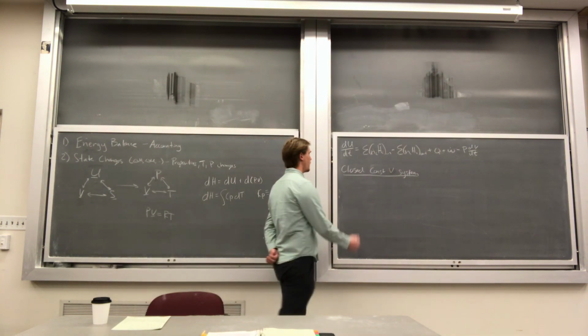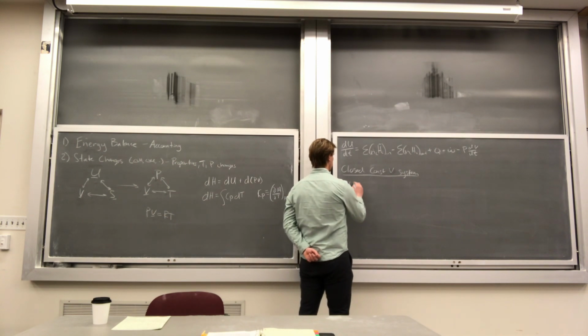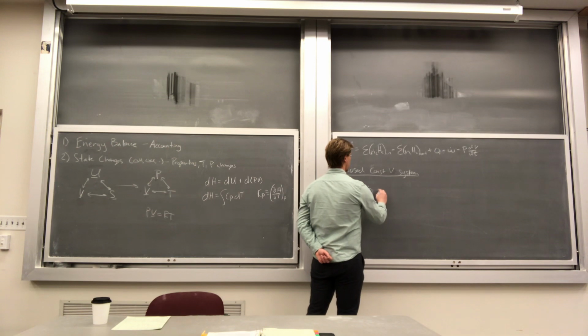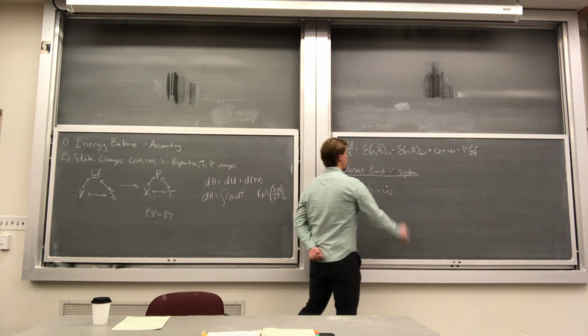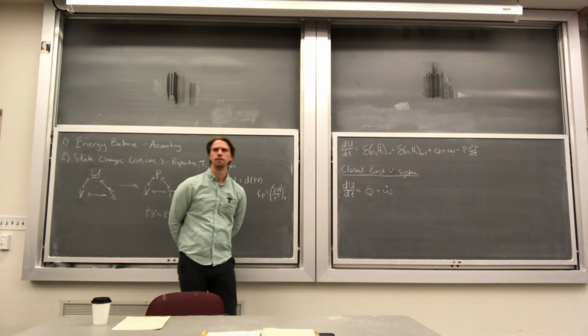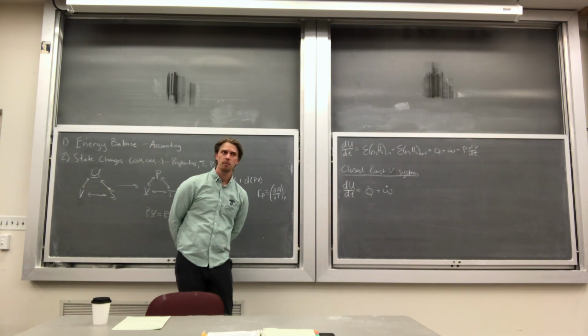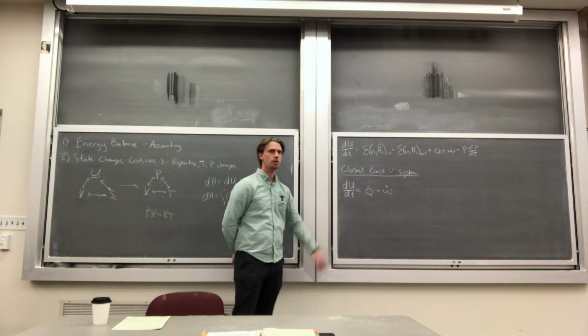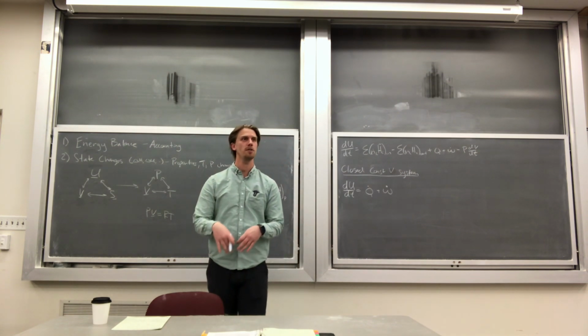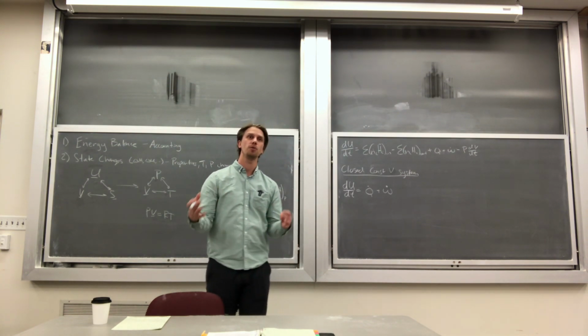Okay, so I'm going to write out the differential form. dU/dt is equal to Q dot plus W. And let's write it out in the integral form. We just integrate this expression, and thermodynamic integration is very fun, should be very non-stressful.